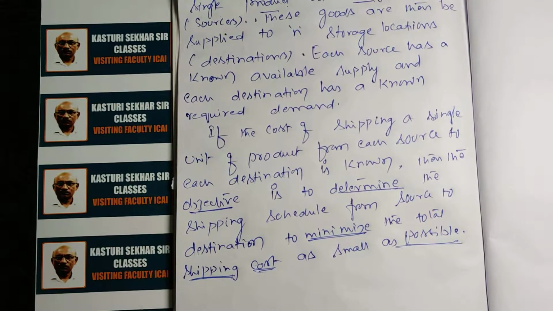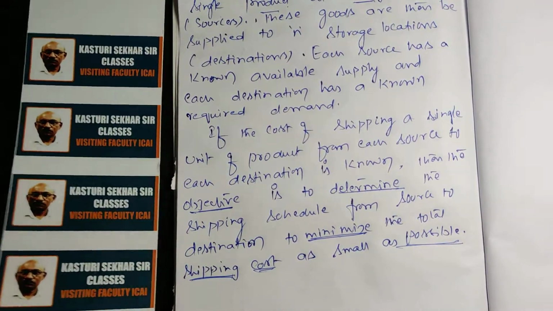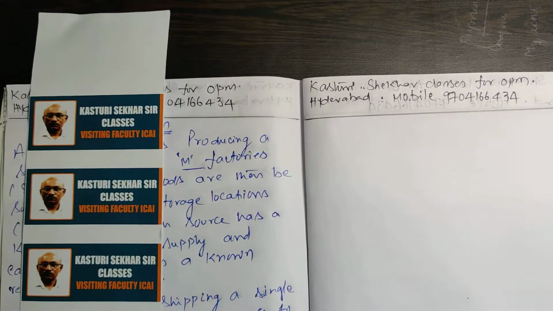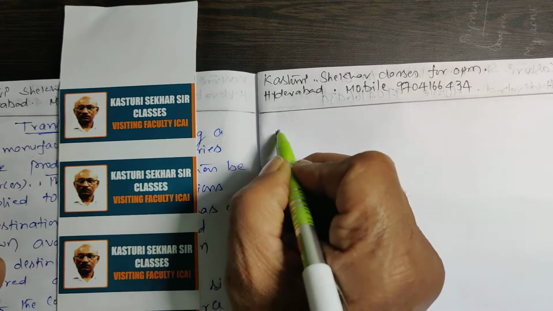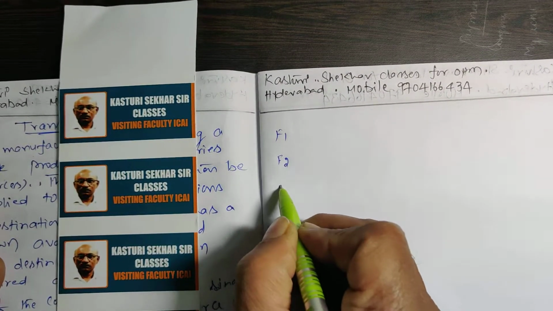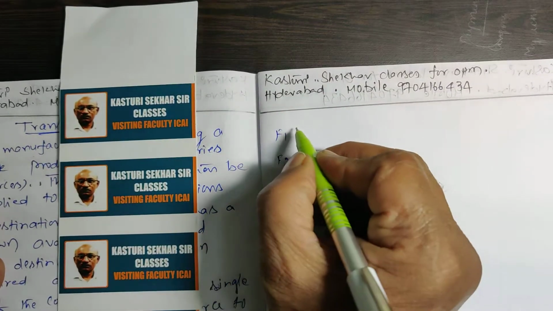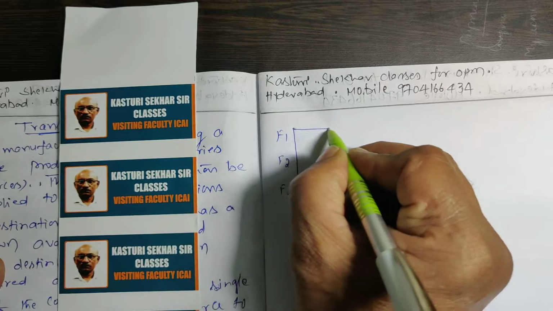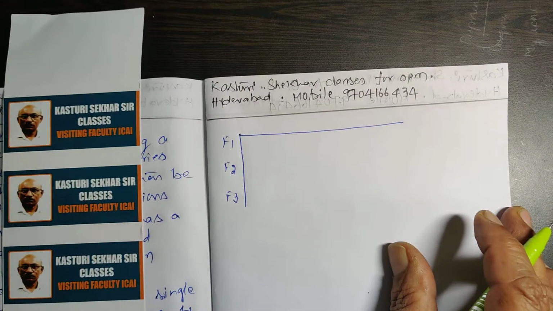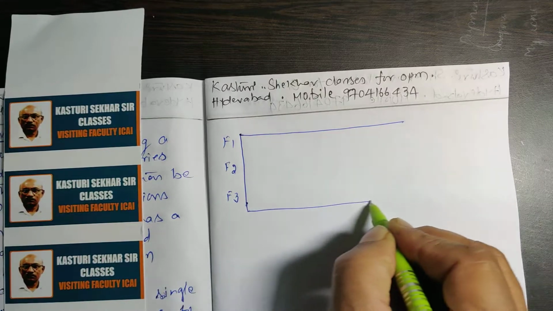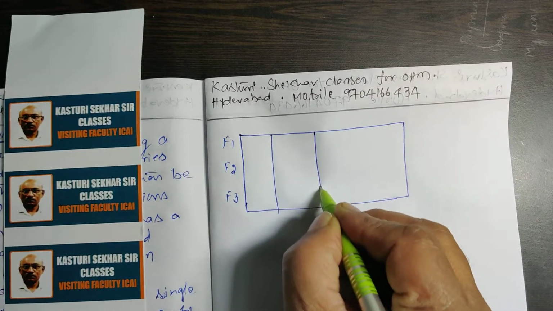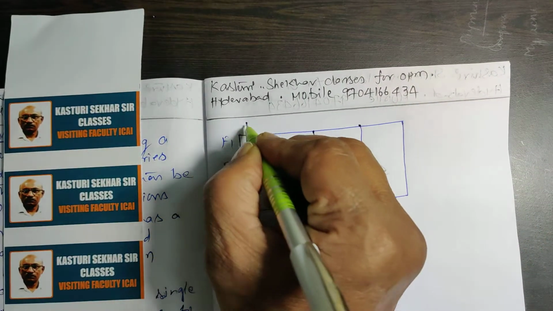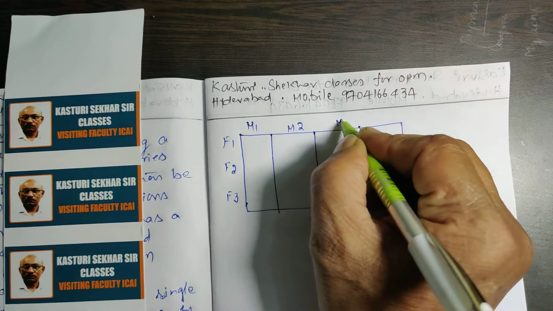Let us see this in a tabular form so that you can get it properly. What is given in the question, sir? Manufacturer is producing the goods at various factories F1, F2, F3. Let us say 3 factories we have. The goods which are produced at these 3 factories, he is selling in 4 markets: M1, M2, M3, M4.